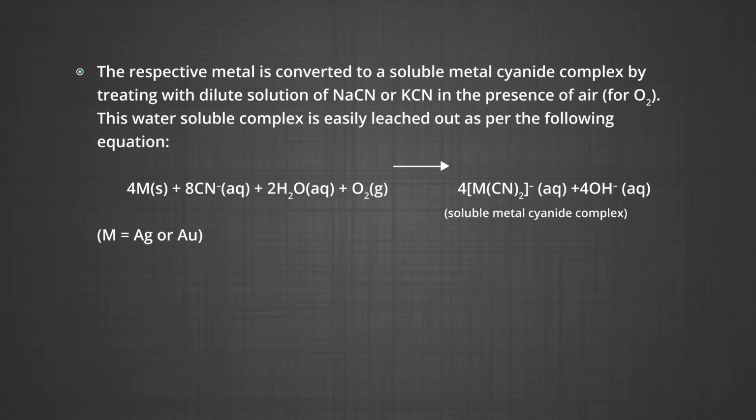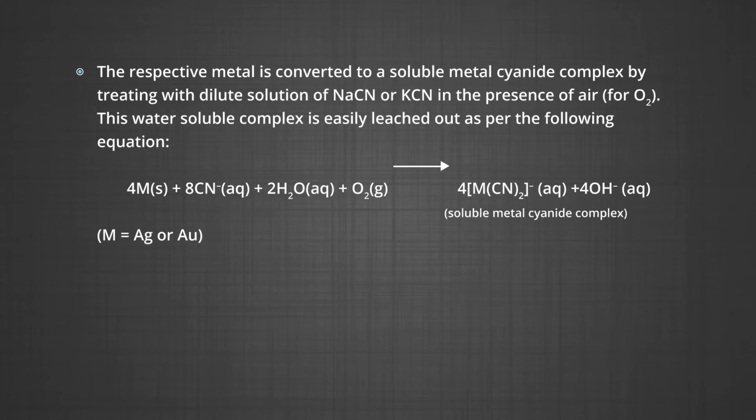Now, let us see the metallurgy of silver and gold by the process of leaching. In the case of metallurgy of silver and gold, the metal is recovered in the following steps. For the first step, the respective metal is converted to a soluble metal cyanide complex by treating with a dilute solution of sodium cyanide or potassium cyanide in the presence of air or oxygen.